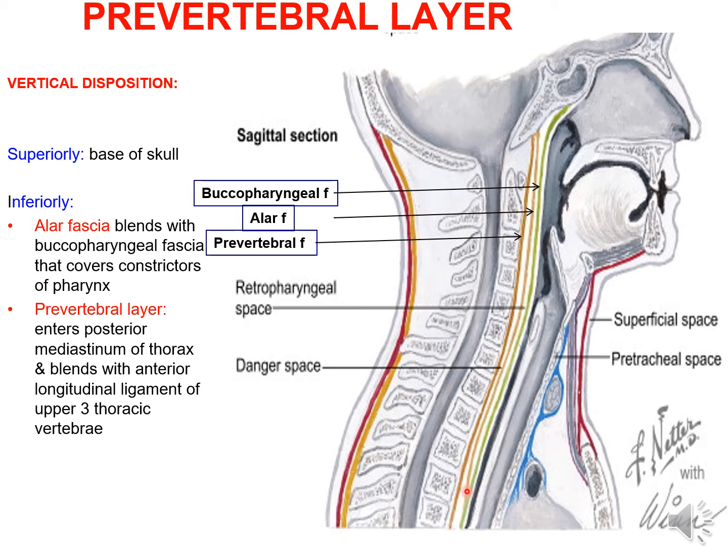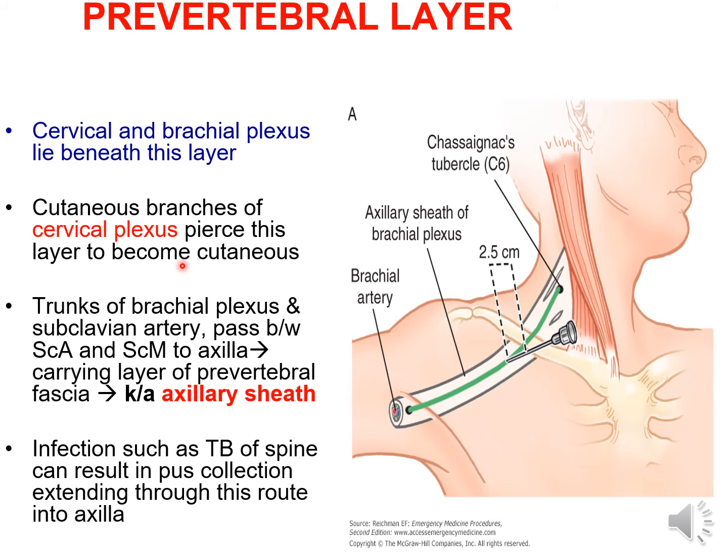Whereas the prevertebral layer will continue downward, enter the posterior mediastinum of the thorax, and there it will end by blending with the anterior longitudinal ligament of the upper three thoracic vertebrae. Please remember that the cervical and the brachial plexus lie beneath this prevertebral layer.